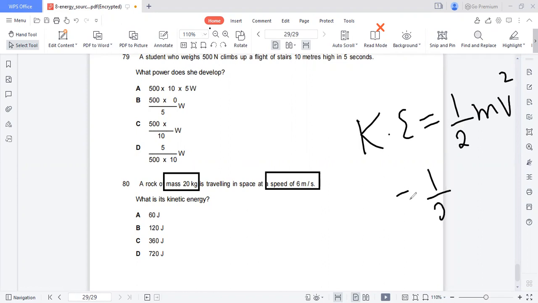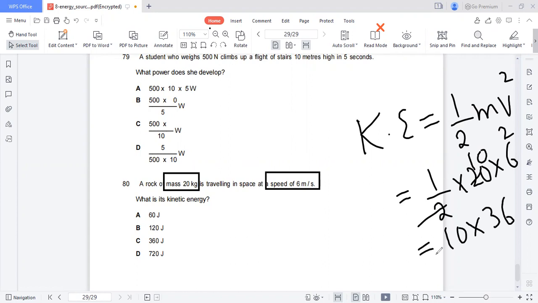Half is half. Mass is 20 and speed is 6 square. So it would be 10 times 36. So 360 joule is the answer.